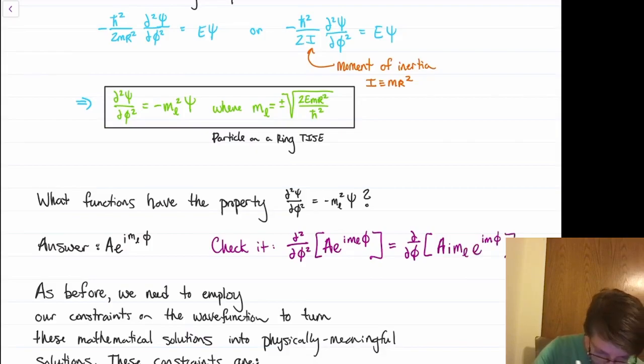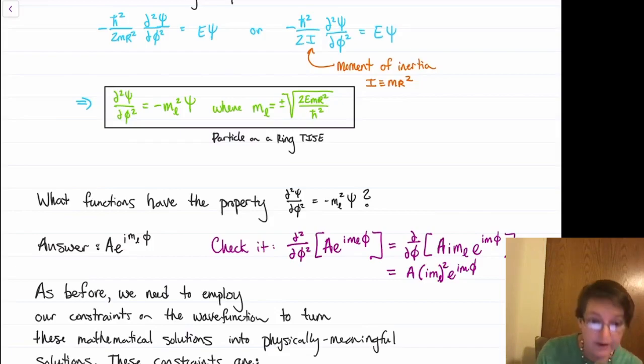We'll do that one more time, and we'll see once again that we get a second factor of i m_l, because we're taking our second derivative, times the original function.